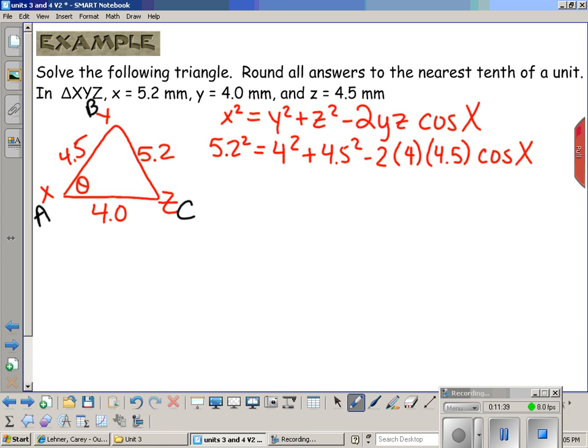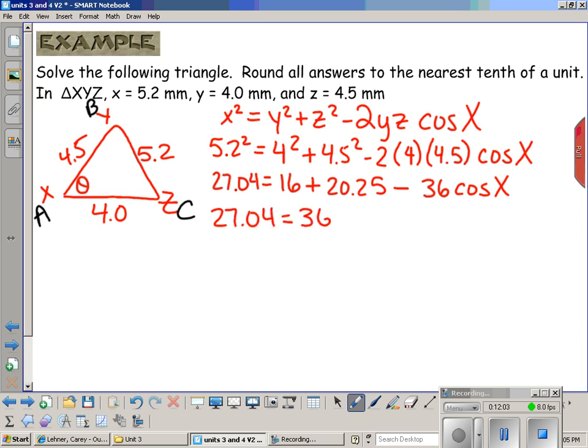So 5.2 squared is 27.04, 4 squared is 16, 4.5 squared is 20.25, 2 times 4 times 4.5 is 36, so we have 36 cos x. 27.04 equals 36.25 minus 36 cos x.